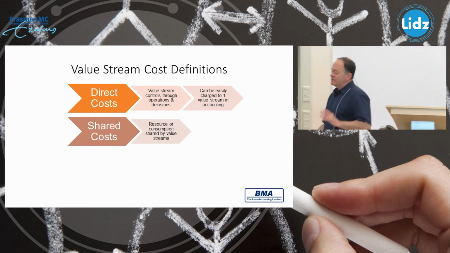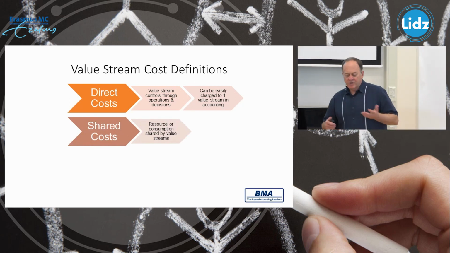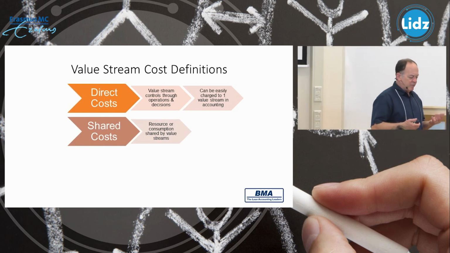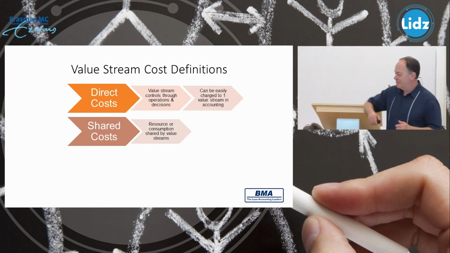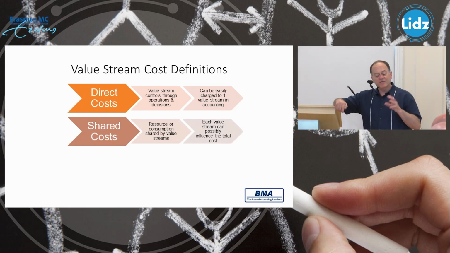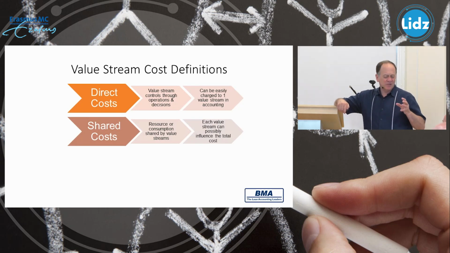Shared costs are a resource or a consumption that is shared by more than one value stream. The value stream can influence the cost, but really doesn't have a lot of control over it. So for example, the hospital we worked at considered imaging a shared cost.